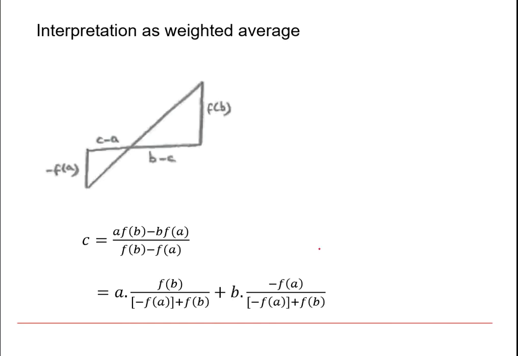Another interpretation of this method is as a weighted average, and we can see from the formula at the bottom here that it can be split up into two parts.